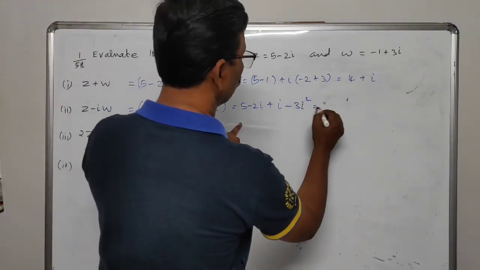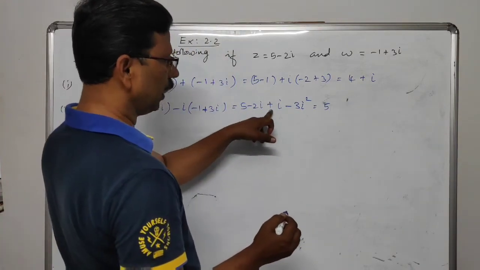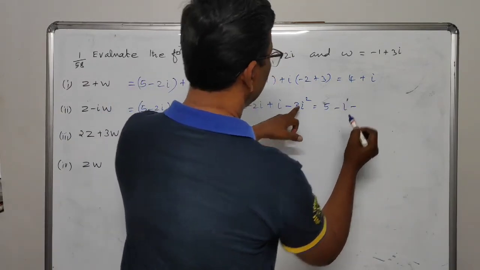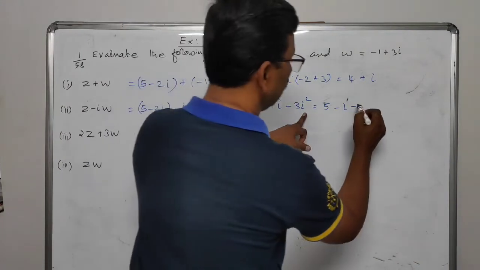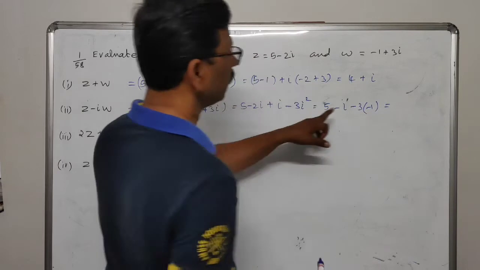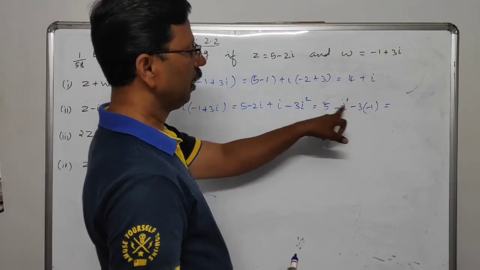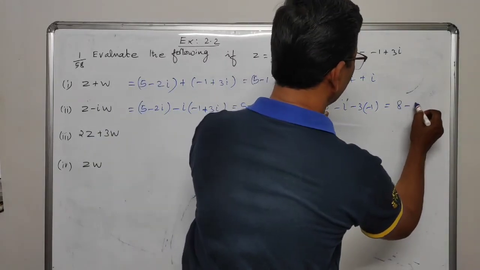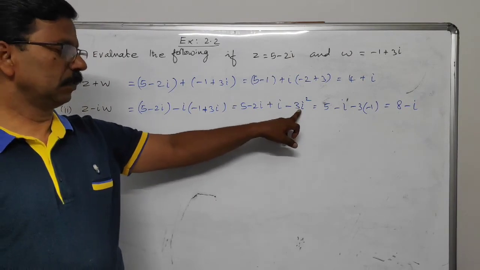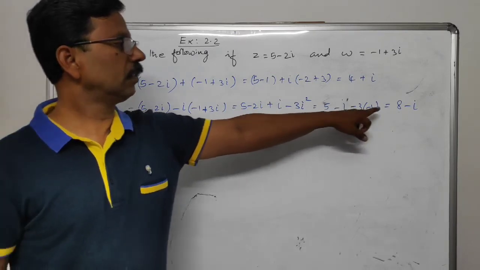Therefore, this equals 5 minus 2i plus i, which becomes minus i, then minus 3 into i square, and the i square value is minus 1. So minus 3 into minus 1 becomes plus 3, and 3 plus 5 becomes 8, then minus 2i plus i becomes minus i.